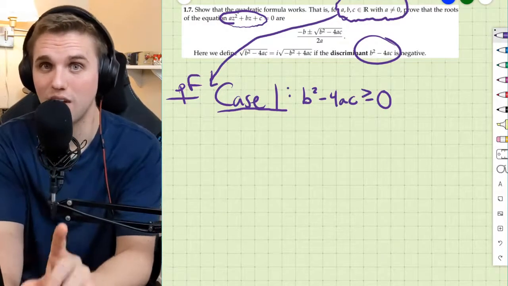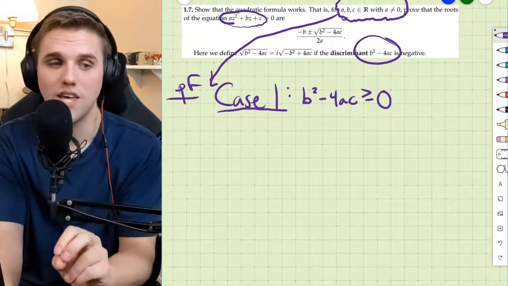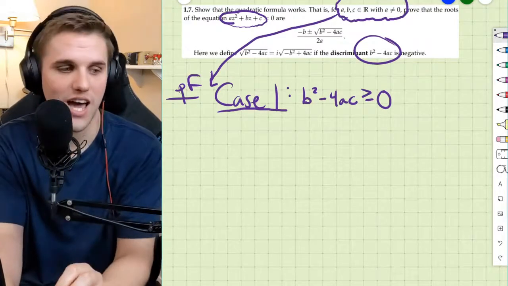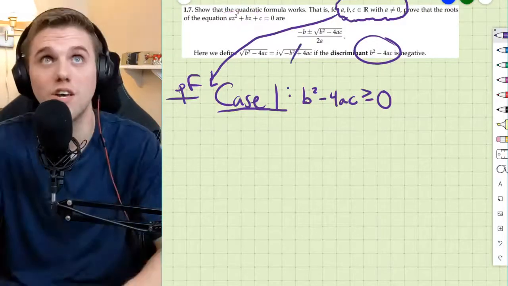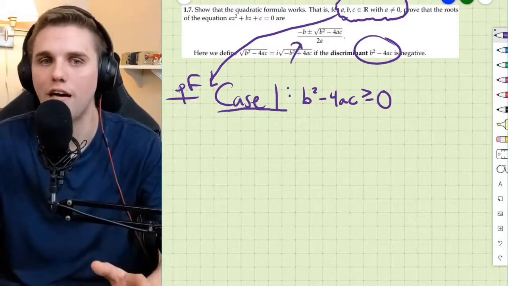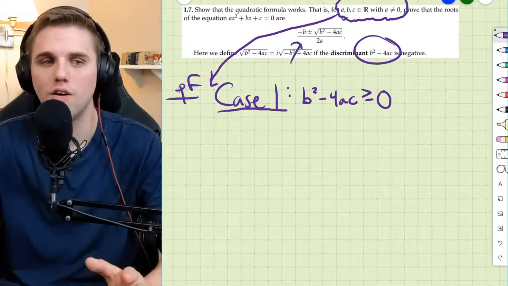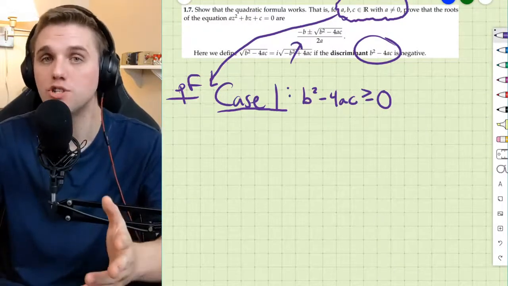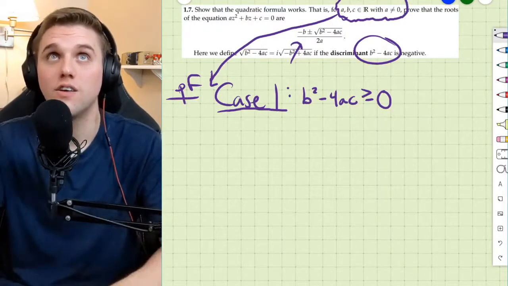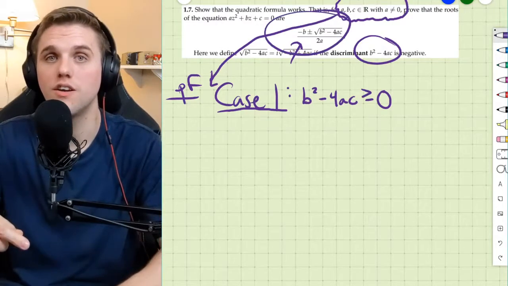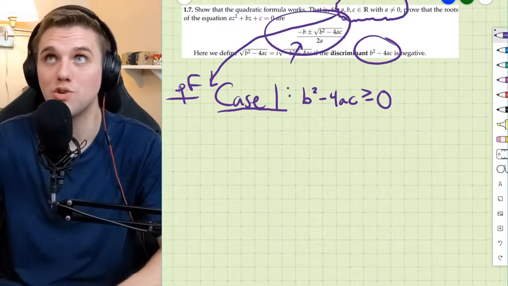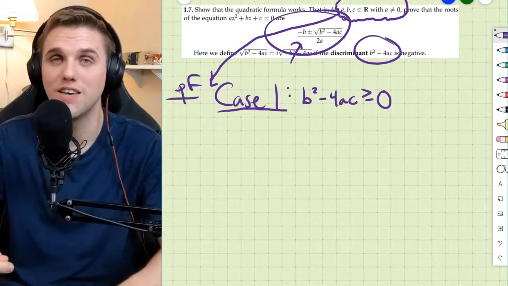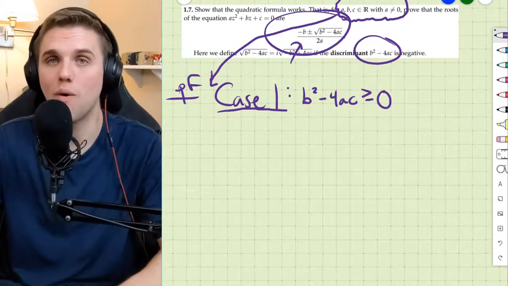You can't get 3, you can't get 1, you get exactly 2. This is a result that I am not proving in this specific video. So I'm not going to prove that there are exactly 2. I'm just going to show that these two roots here are actually roots. That if I plug those two values in for z, then I should get 0 as a result.